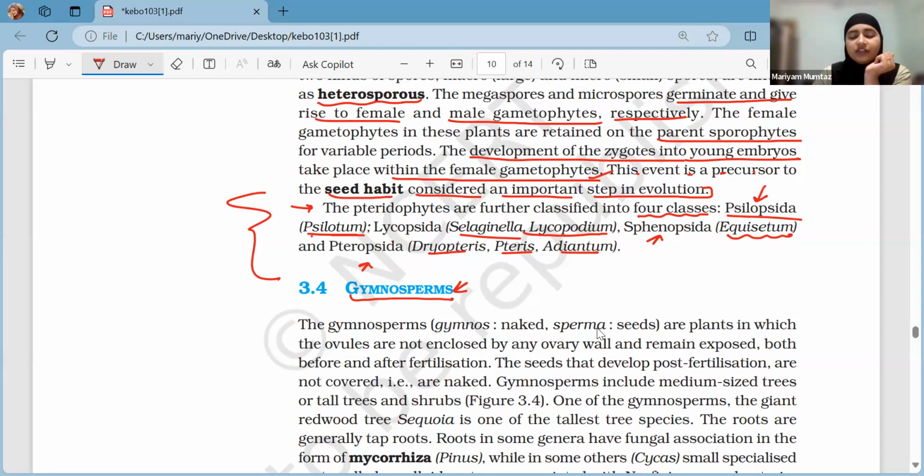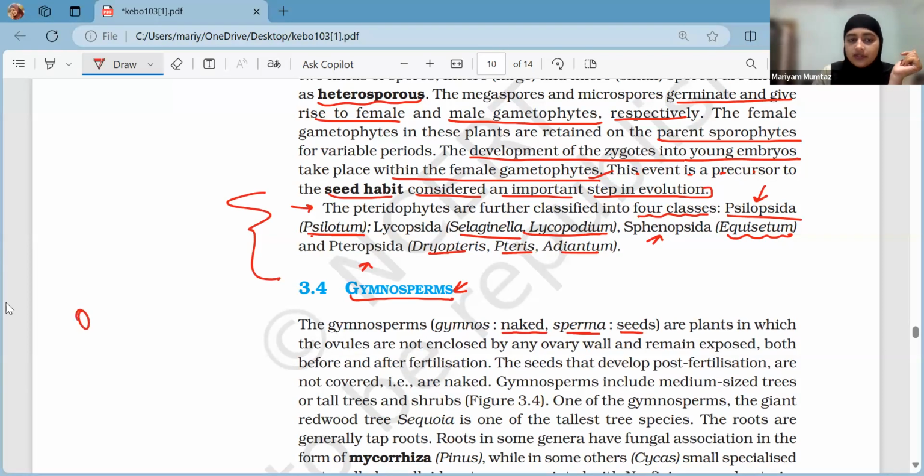But in the case of gymnosperms, the seed is not enclosed within a fruit, so their seed is known as a naked seed. It's not covered by anything. Gymnos means naked, and sperma refers to the seed. Do you know the ovule and ovary of plants?